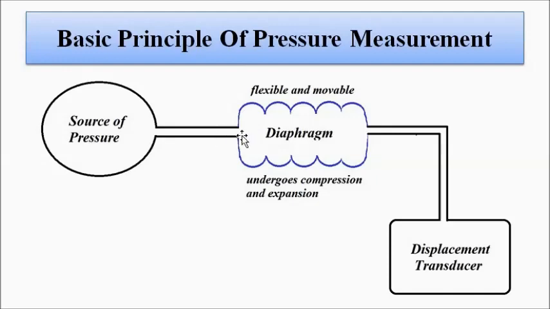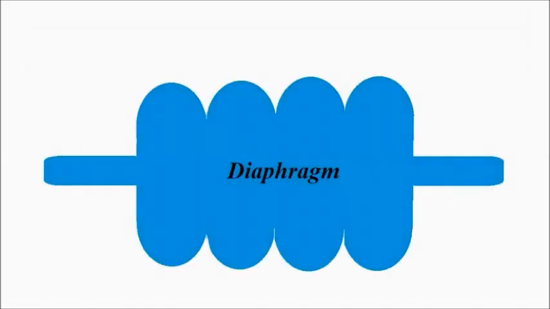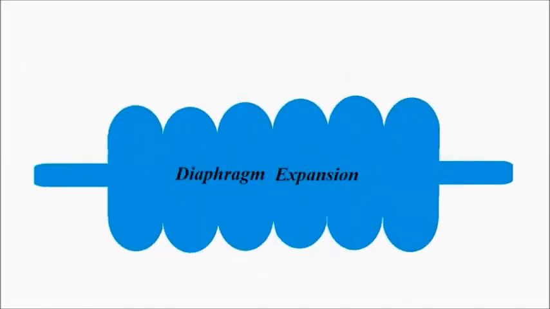So one end of the diaphragm is connected to the source of pressure, the body part where the pressure is to be measured, the pressure fluctuations are to be monitored. So what happens is that because of the fluctuating pressure, the diaphragm, it undergoes compression and expansion.